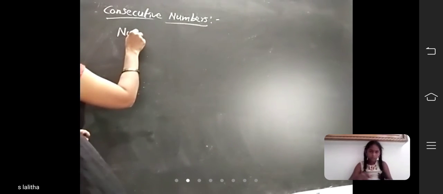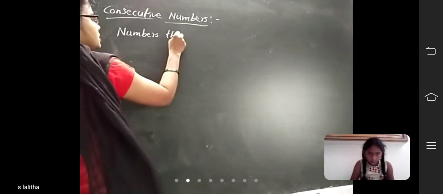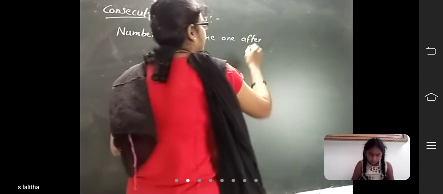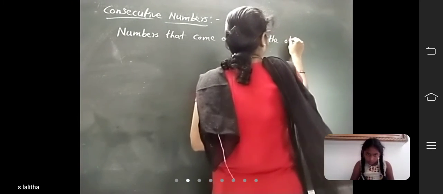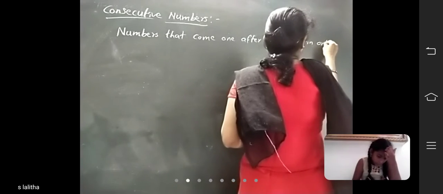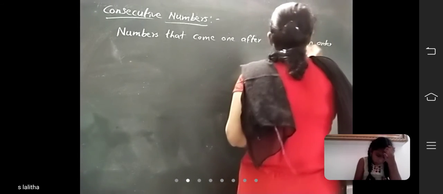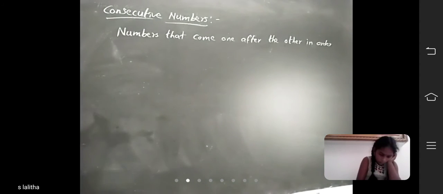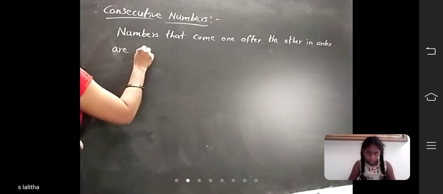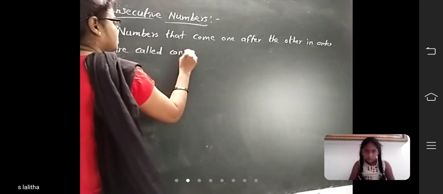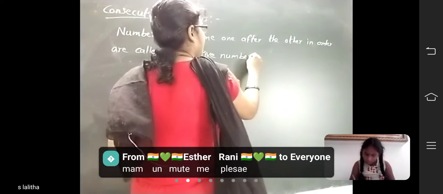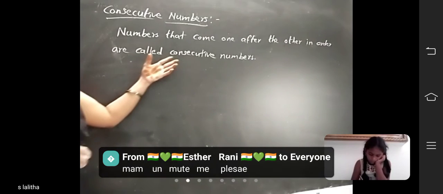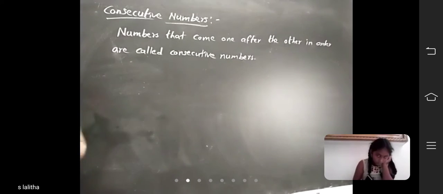Numbers that come one after the other in order are called consecutive numbers.